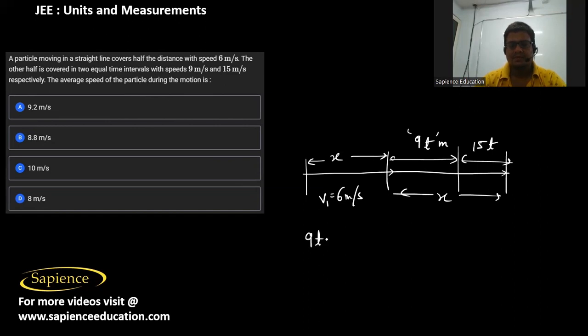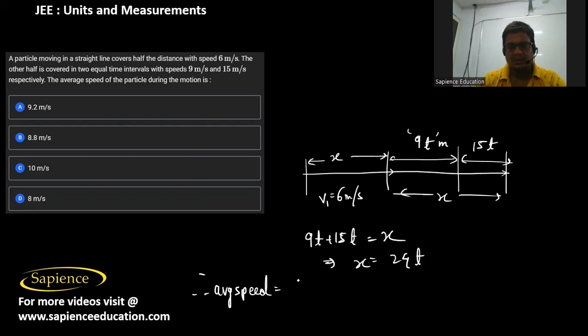So here 9t plus 15t is equal to x. So therefore x will be equal to 15 plus 9, that is 24t. Now therefore the average speed of the particle during the motion is total distance by total time.